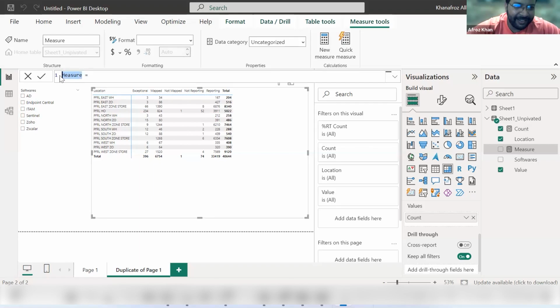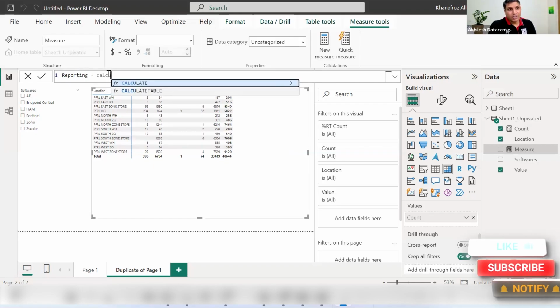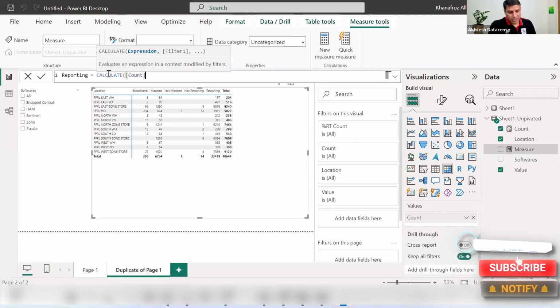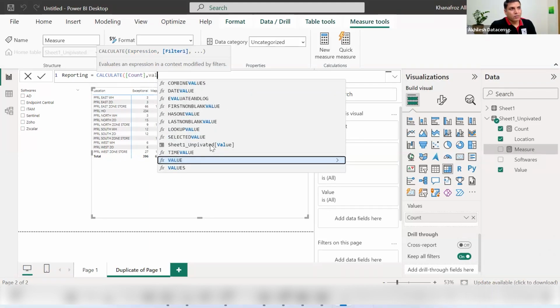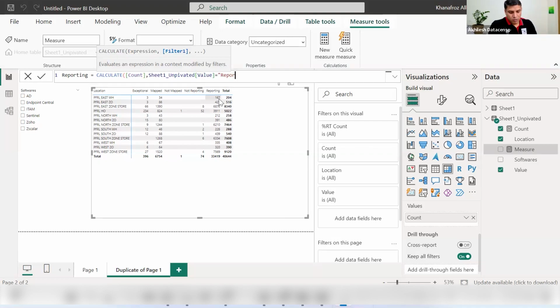So I am saying, what is the reporting number? Reporting is nothing but calculate what? Count. But how? Only when this value is equal to reporting. It is like sumif in Excel. What I have done is, please count my count measure, but only when it is reporting in the value column.